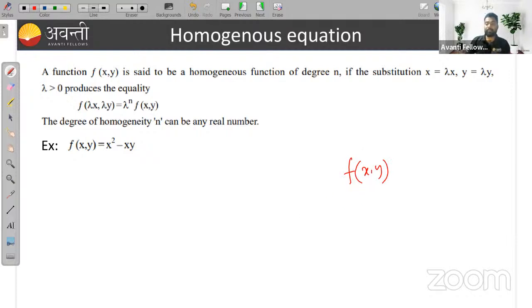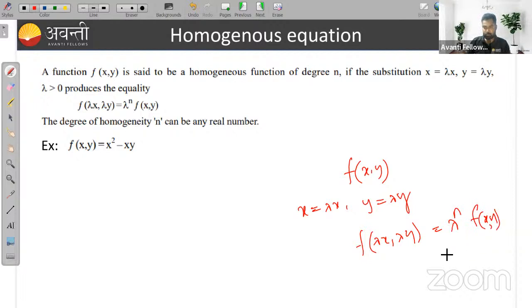Just substitute x as lambda x and y as lambda y. After putting lambda x, lambda y in place of x, y, if you get such an equation, then you can say it is a homogeneous function with degree n. Here n is called the degree. Clear?